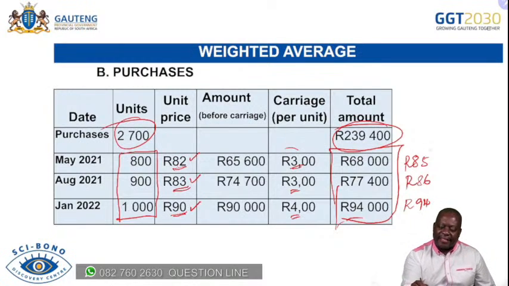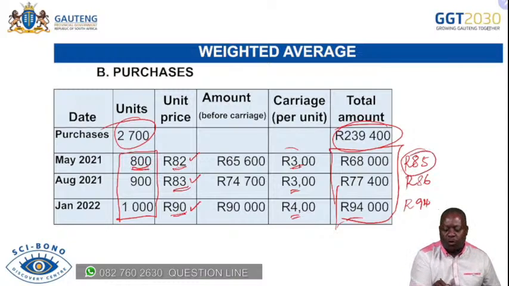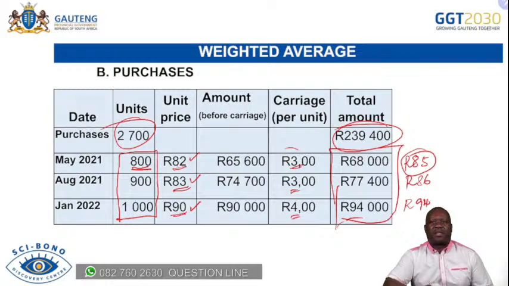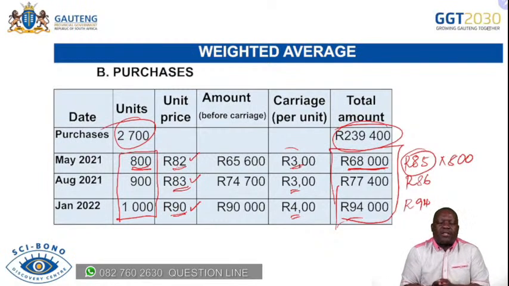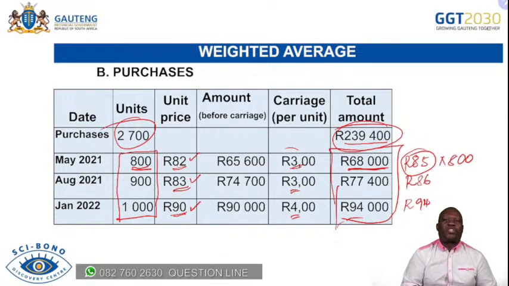It is this unit price that, multiplied by 800 units, gives us 68,000. You can check it: 85 times 800. The total of our purchases includes carriage. Remember, carriage increases the cost of buying a unit.